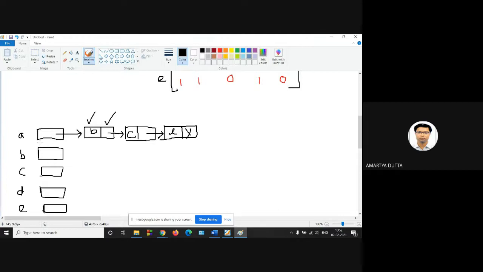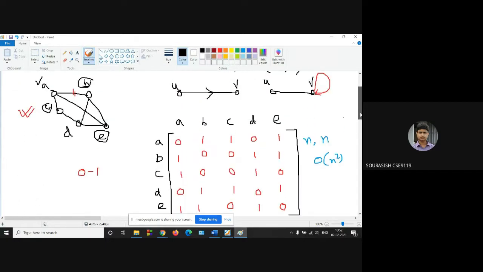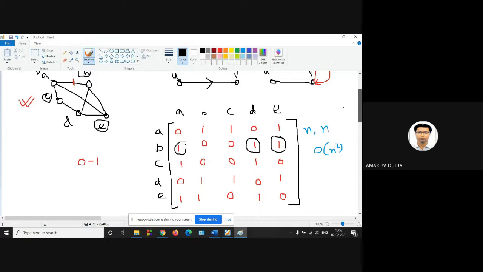Next, from B, what should I write? From B we can get A, D, and E. It is checked quickly from the adjacency matrix.